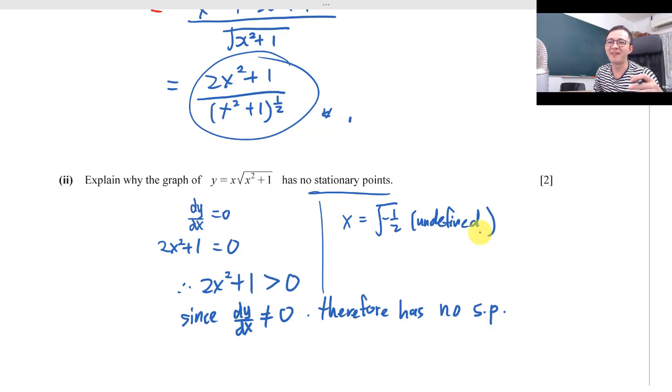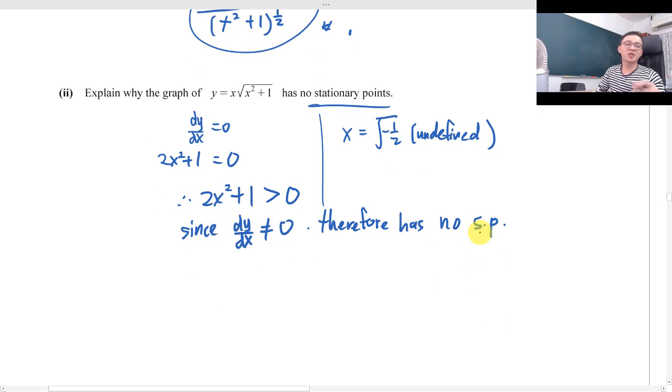Normally we do not say math error in this case. We can always say 2x squared plus 1 cannot equal 0. I guess it's the easiest way. So since 2x squared plus 1 cannot equal 0, therefore dy dx equals 0 doesn't exist. So therefore there's no stationary point.